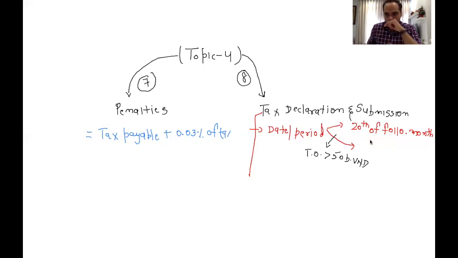So the submission will be on the 30th of the following quarter, right? The 30th day of the following quarter. So it is giving them about 3 months, a 3 month time period.